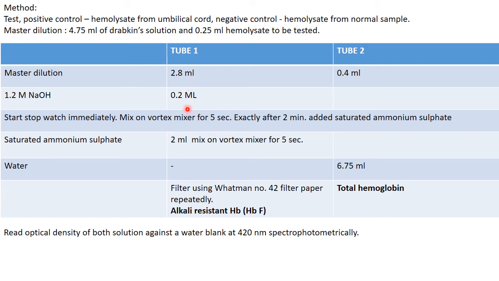Mix using a vortex mixer for about 5 seconds. Start a stopwatch immediately when you add the NaOH solution. Exactly after 2 minutes, add 2 ml of saturated ammonium sulfate and again mix for about 5 seconds.